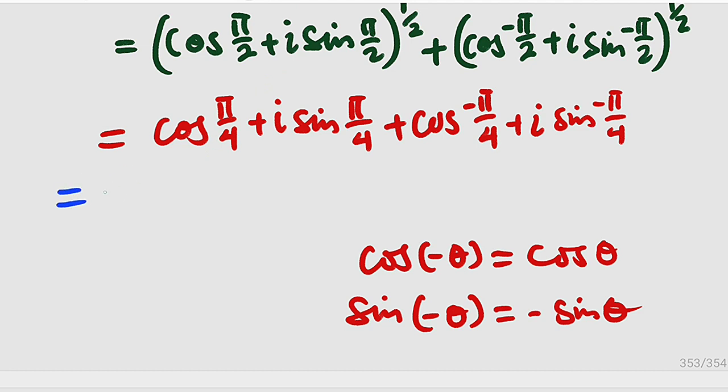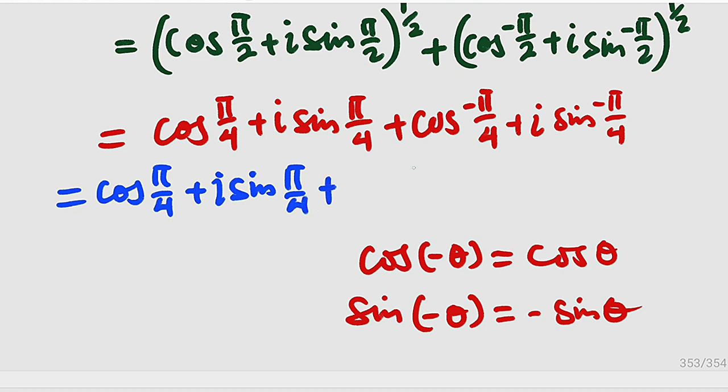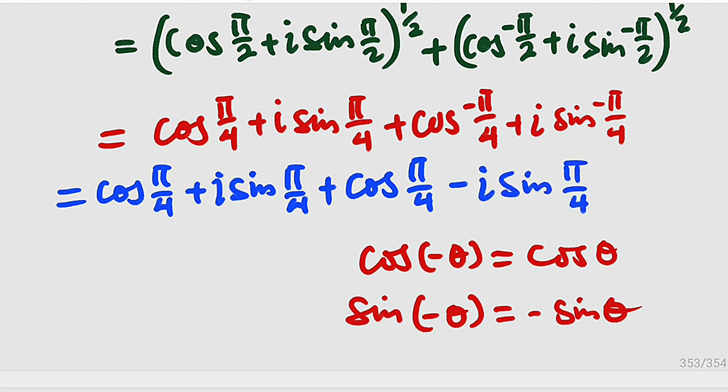So this is equal to cosine of pi divided by 4 plus i sine of pi divided by 4, then plus, and from this, since cosine is an even function, we can take the positive angle. So this is cosine of pi divided by 4. But since sine is odd, we can factor out the negative, negative i sine of pi divided by 4.